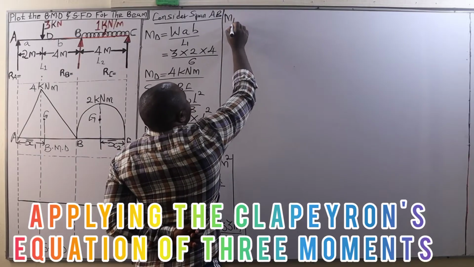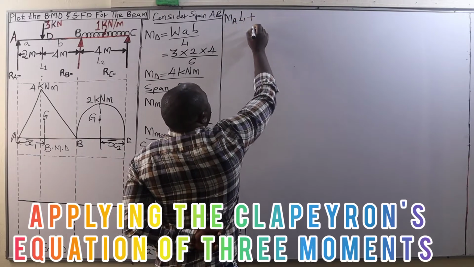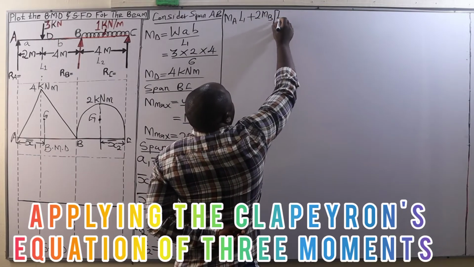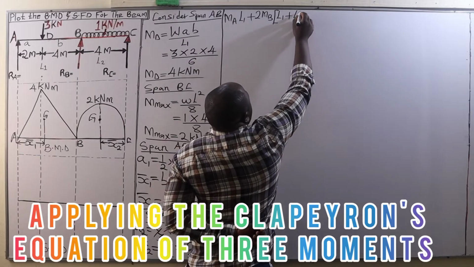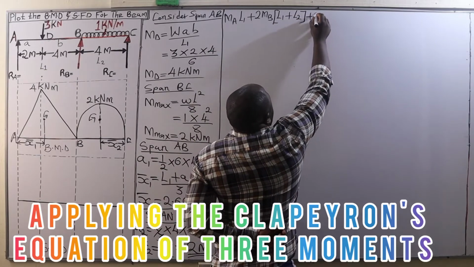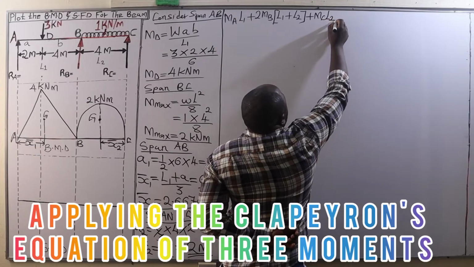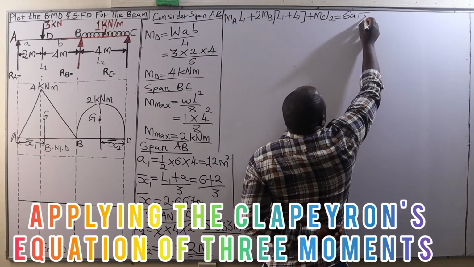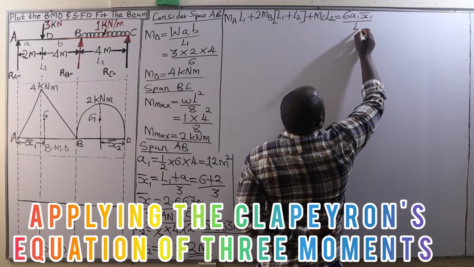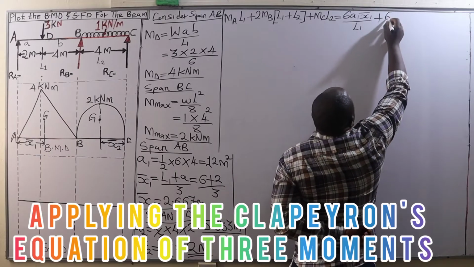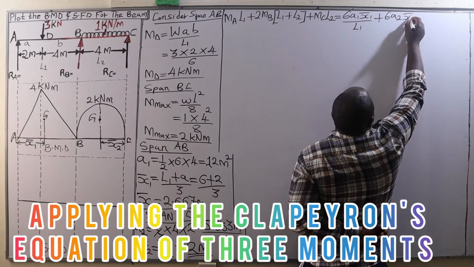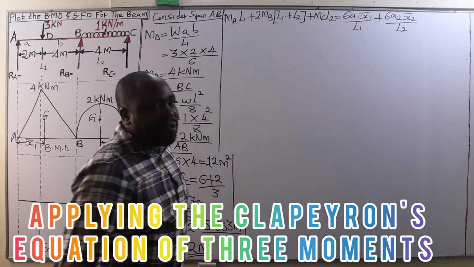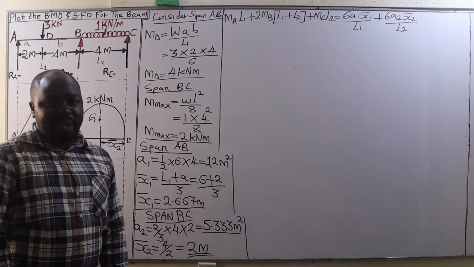Clapeyron's equation of three moments states that MA L1 plus 2MB into L1 plus L2 plus MC L2 is equal to 6A1 bar x1 divided by L1 plus 6A2 bar x2 divided by L2. So that is how Clapeyron's equation of three moments states.